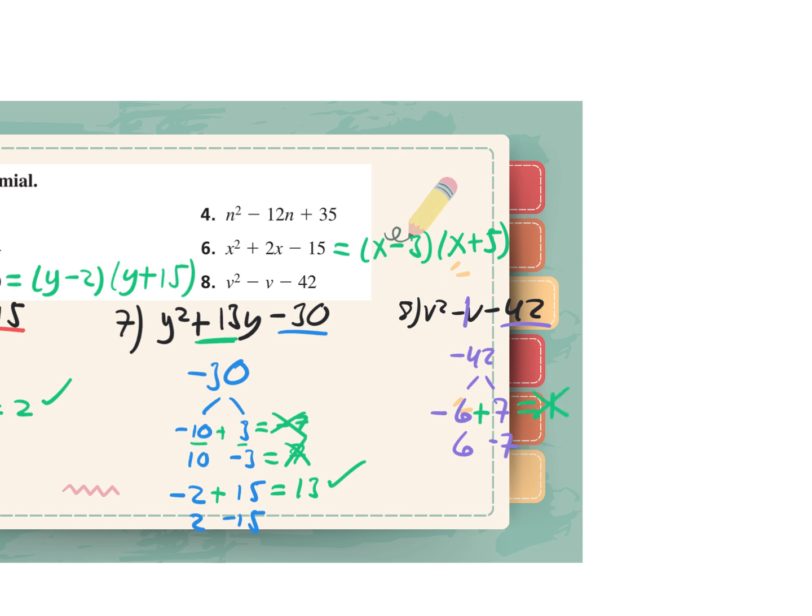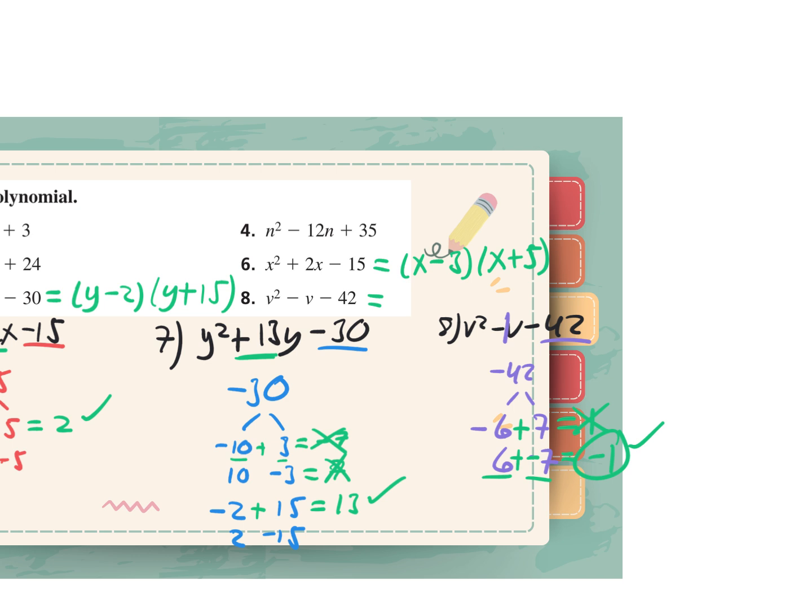That's not what I want. I want a negative 1. If I did 6 plus negative 7, that gets me a negative 1, right? And that is what I want. So that means my two numbers are going to be a 6 and a negative 7. So this polynomial is going to factor as v plus 6 and v minus 7.